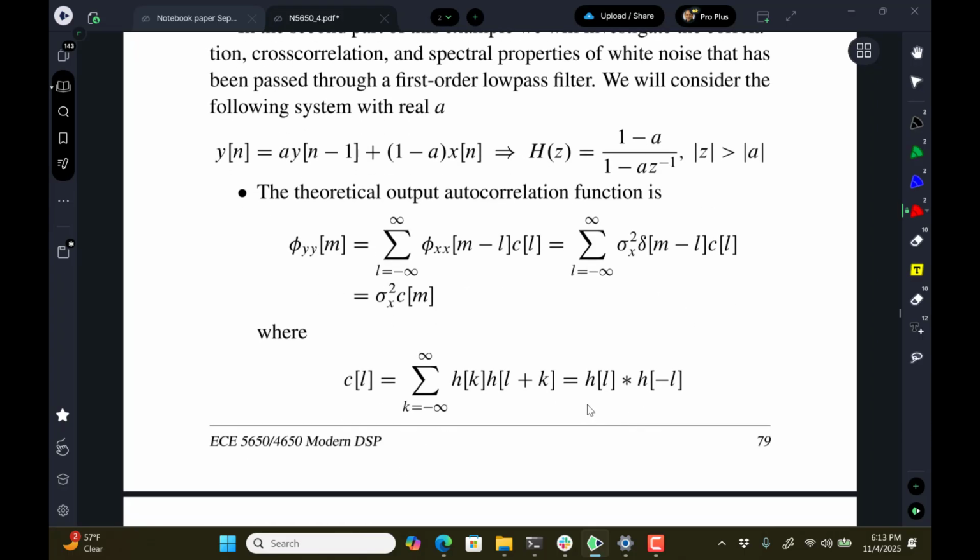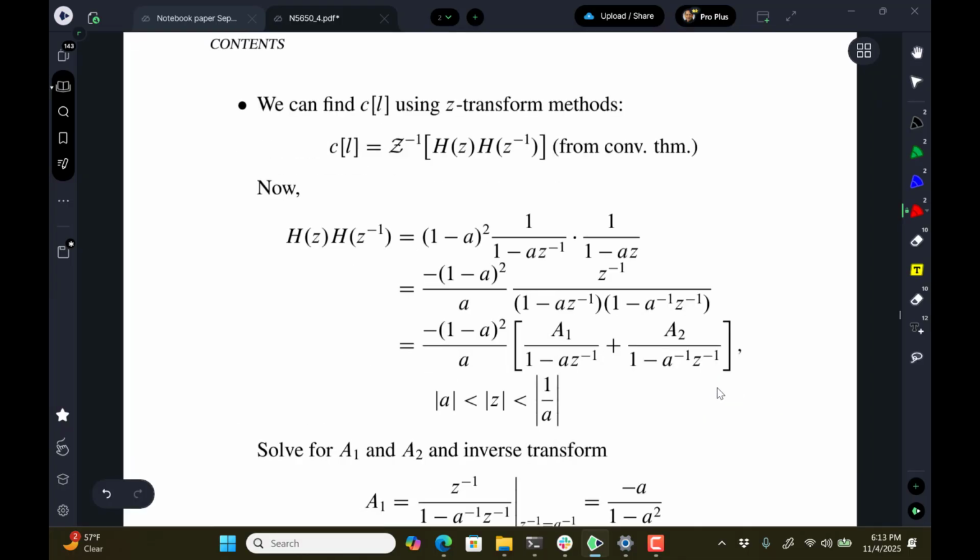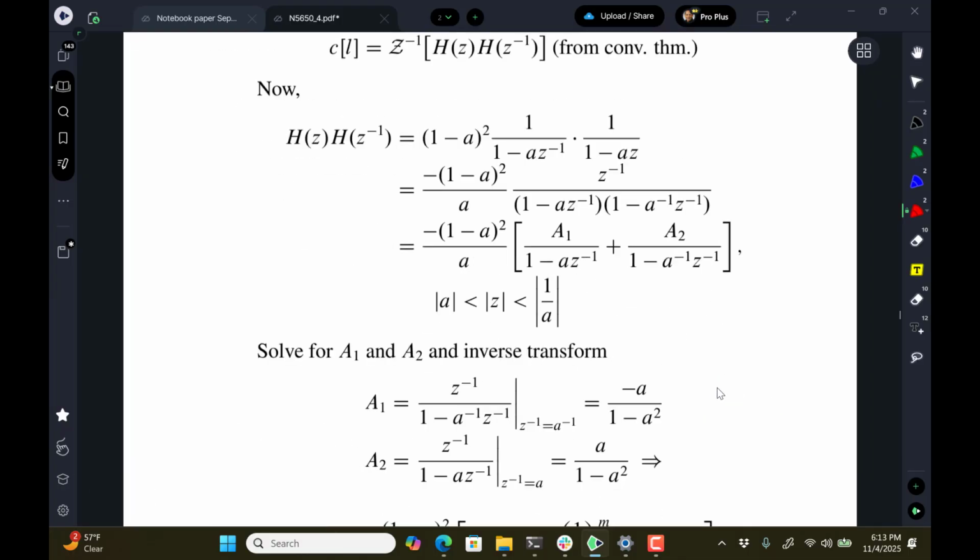And the way I get that C of L, and this was useful for certain homework problems, not assigned at this point, is I went to the Z domain, formed the product, and then did the inverse Z transform. I recognized that when you replace Z by Z to the minus 1, that was like the sock analogy: it gets turned inside out.